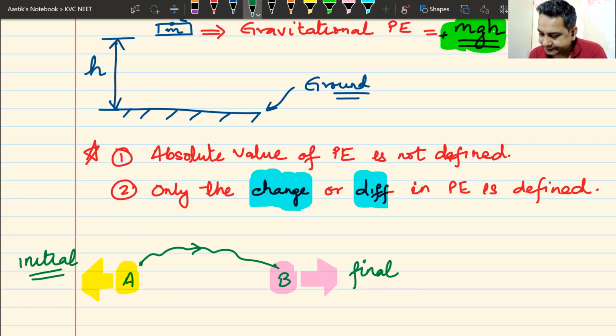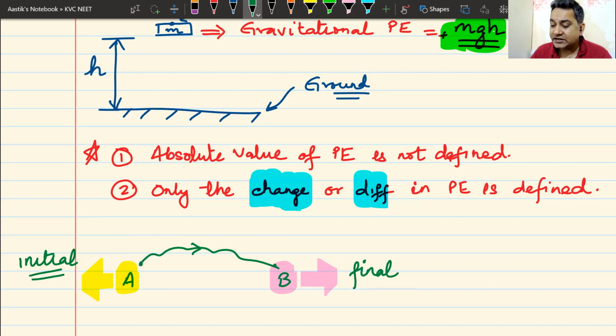I repeat. Something has changed. How much did that change? Final minus initial. That is the amount it has changed. What is the difference between these two quantities? Initial minus final. That is how it should be defined.